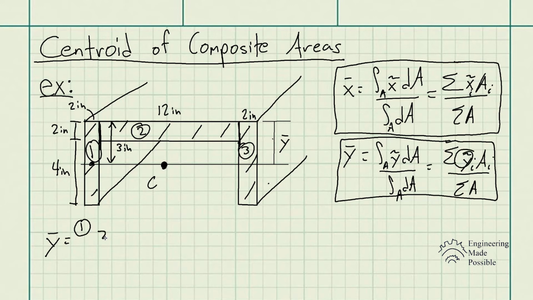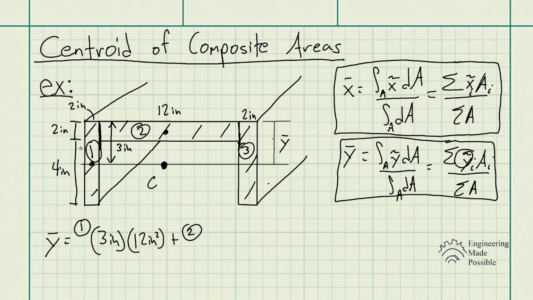So it's going to be 3 inches times the area of this one. The area is 6 inches times 2 inches, so 6 times 2, 12 inches squared. So that's for area number 1. Now we add area number 2. We see the centroid of this rectangle is going to be here.